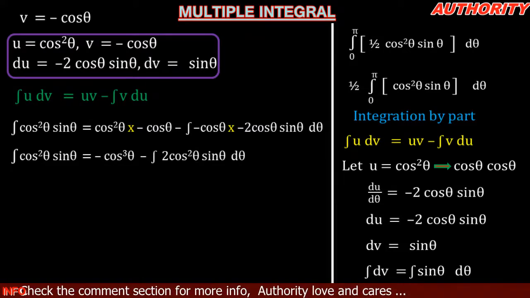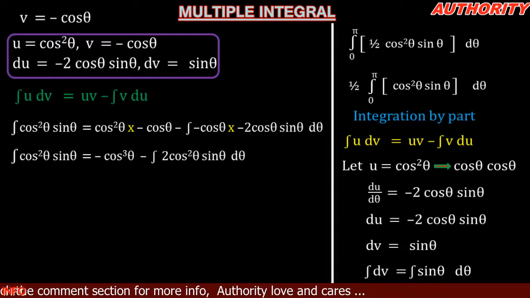So cos theta times 2 cos theta sine theta gives us 2 cos squared theta sine theta d theta. After simplifying, the integral of cos squared theta sine theta is equal to minus cos cube theta minus the integral of 2 cos squared theta sine theta d theta.